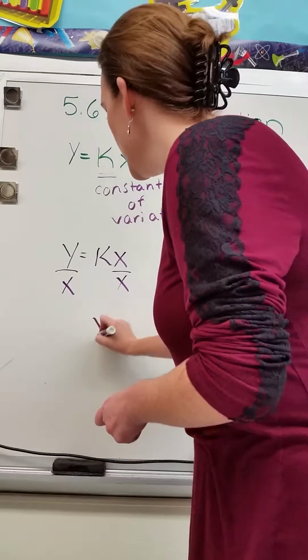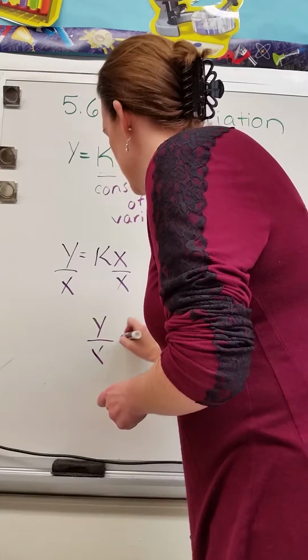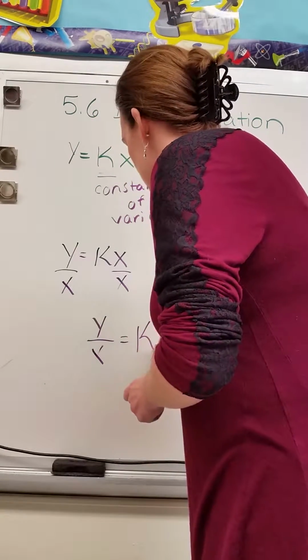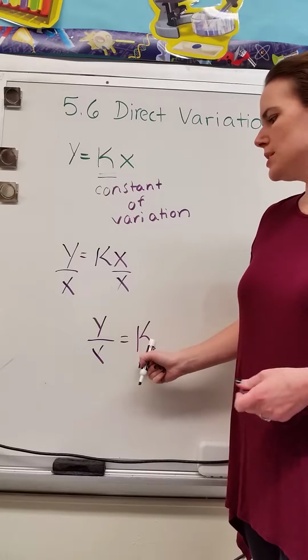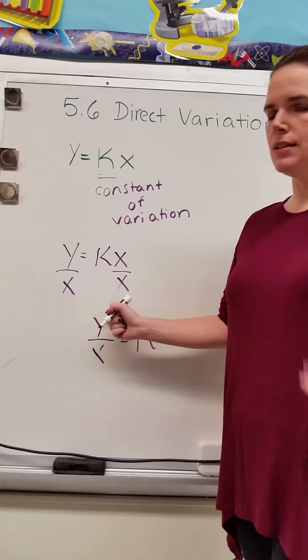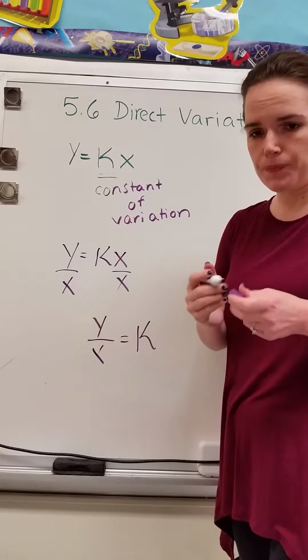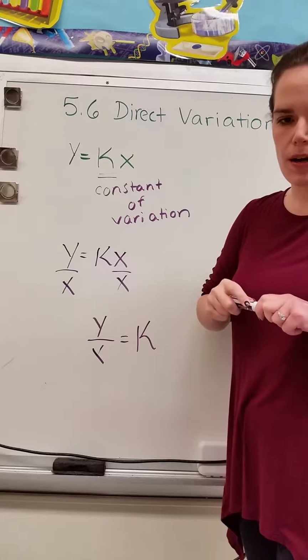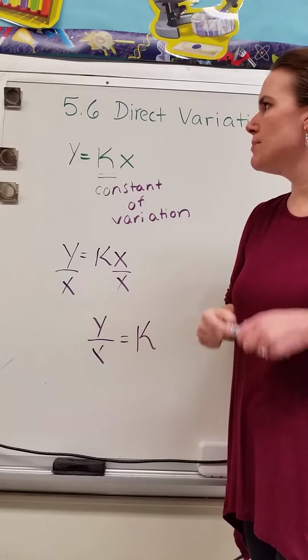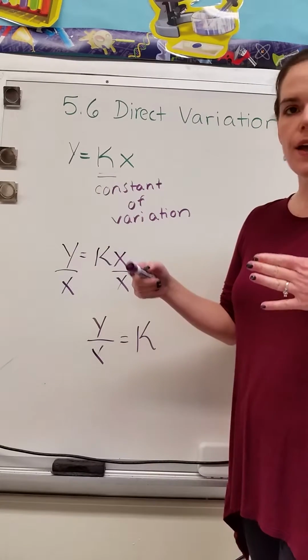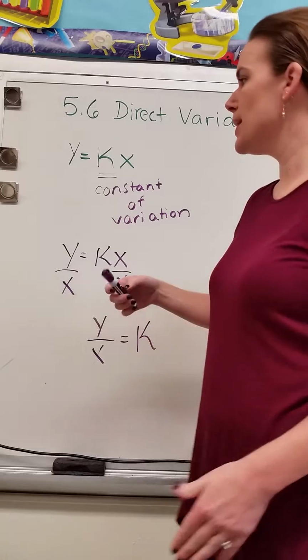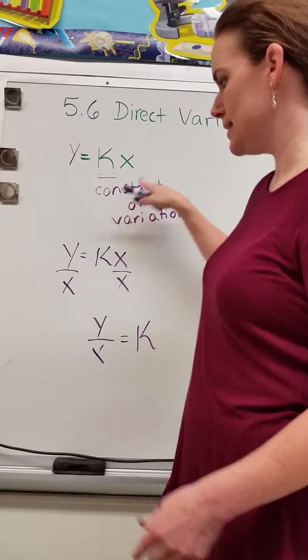So y over x equals k. My constant of variation is just taking the y number divided by the x number. You know that something is a direct variation if and only if it can be written exactly like this.